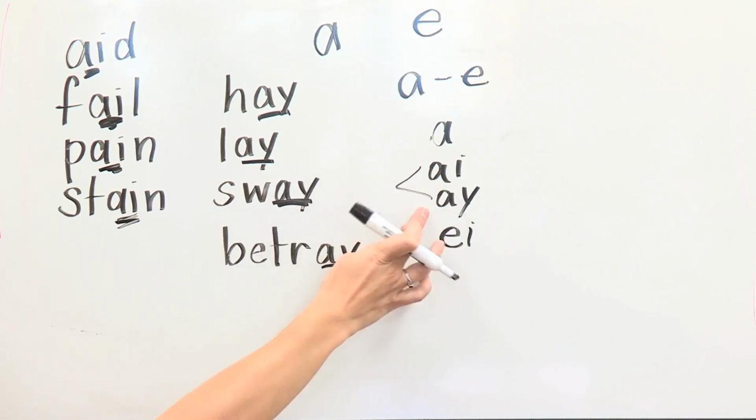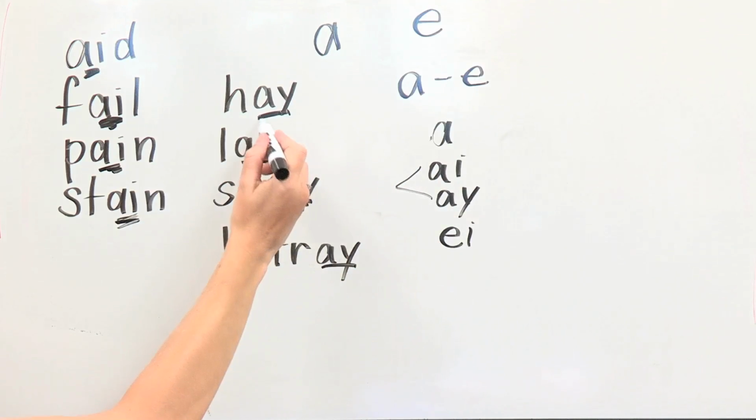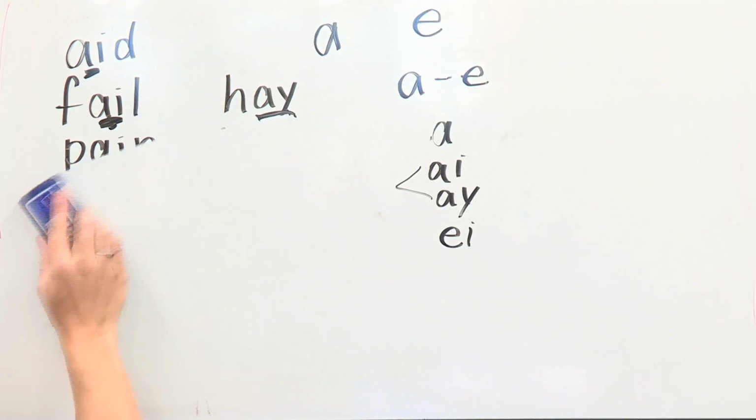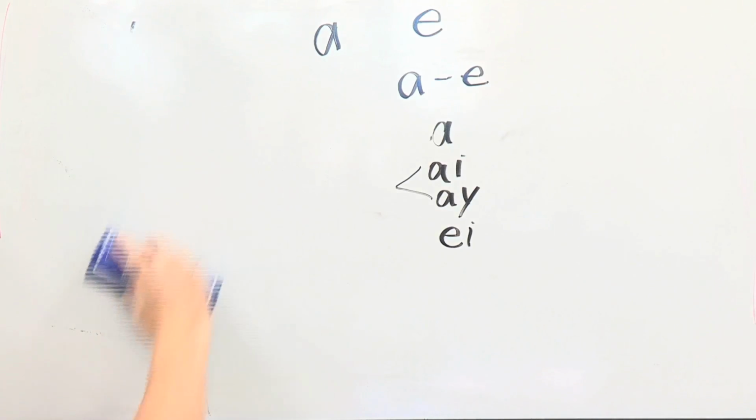Students often confuse these two, but once you tell them AY is at the end of a word, that can really help them remember which one to use when they spell. So AI and AY. And now we're going to go to EI. These are more complex and not as many words use EI.